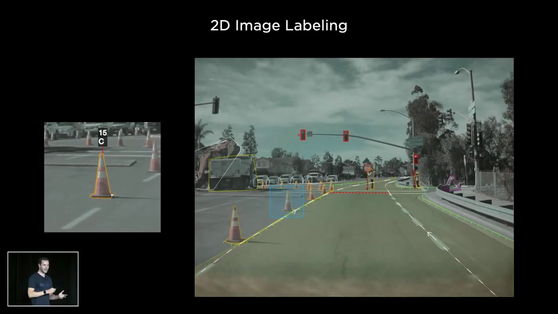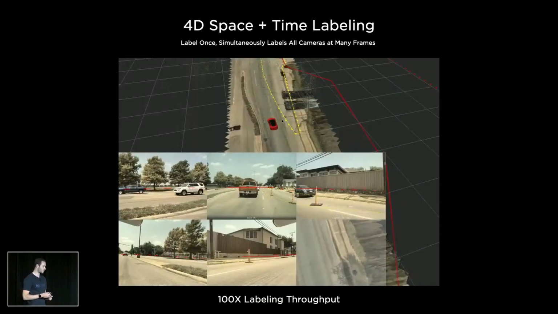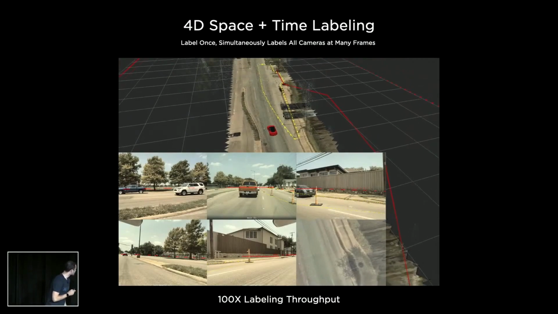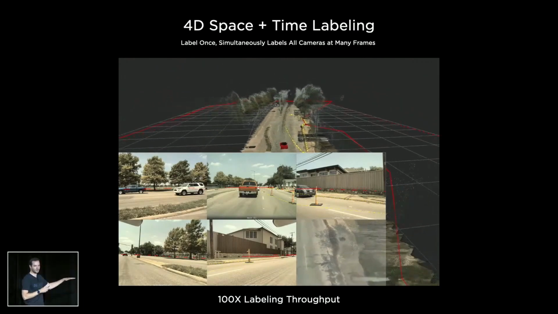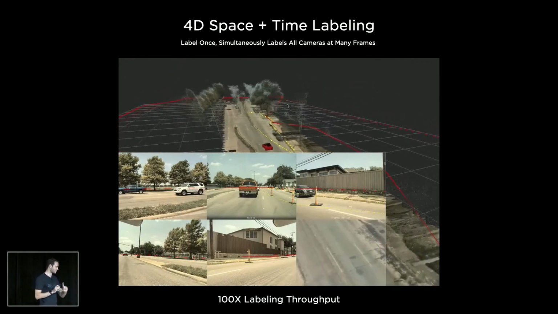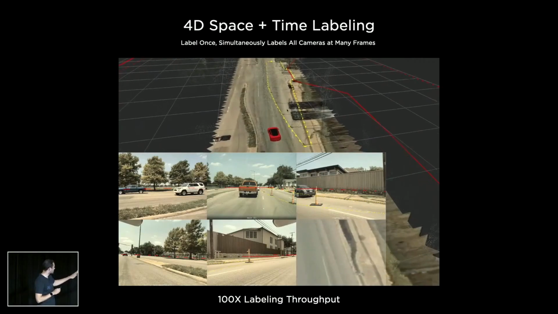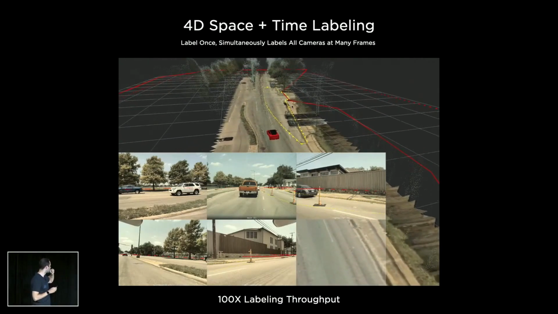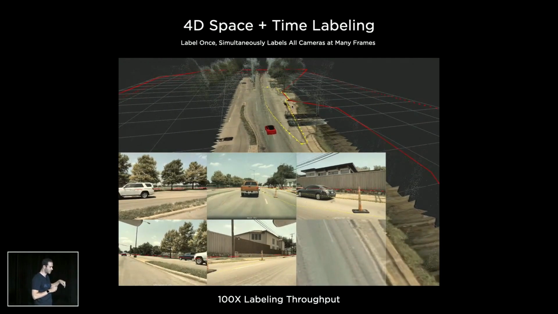So very quickly, we graduated to 3-dimensional or 4-dimensional labeling, where we are directly labeling in vector space, not in individual images. Here I'm showing a clip, and you are seeing a very small reconstruction. You're about to see a lot more reconstructions soon, but this is a very small reconstruction of the ground plane on which the car drove, and a little bit of the point cloud that was reconstructed.